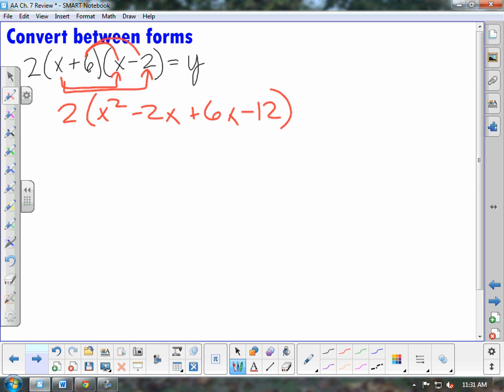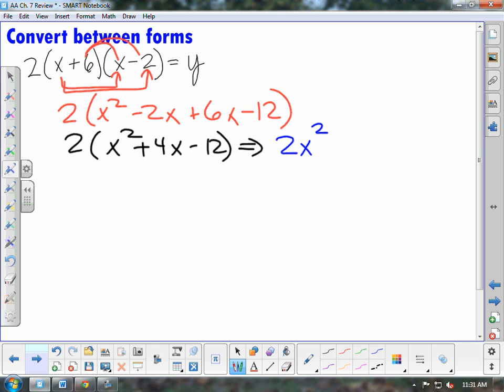And we still have all of that times 2. But we can simplify this first to get x squared plus 4x minus 12, and then multiplying by 2, it would become 2x squared plus 8x minus 24.